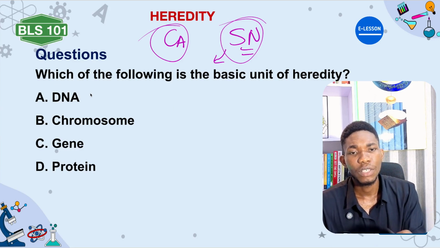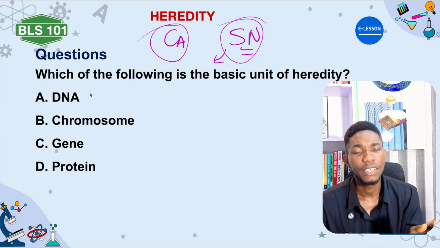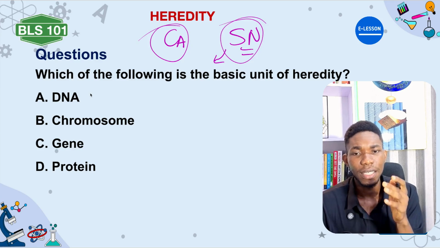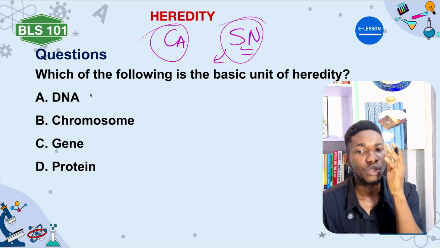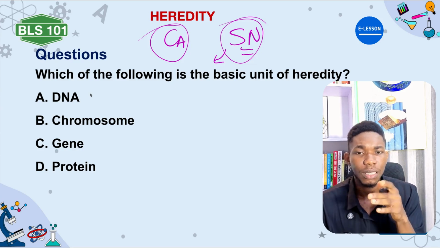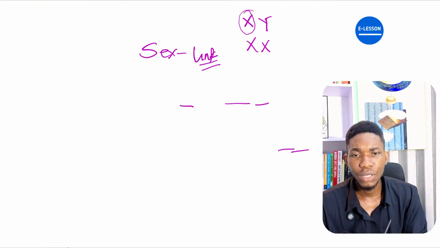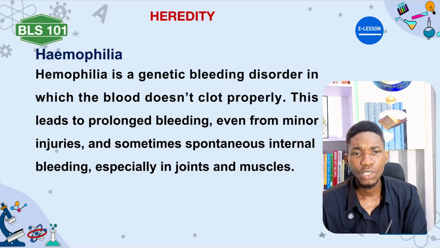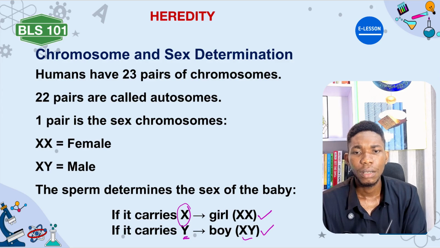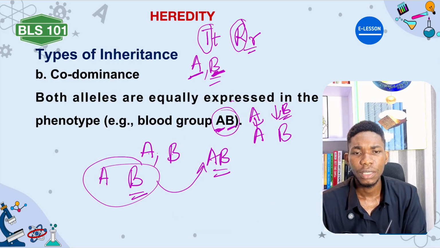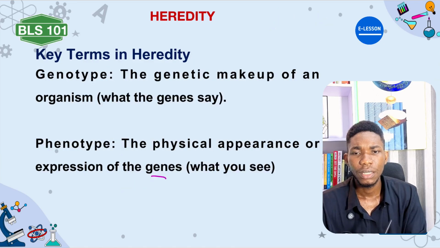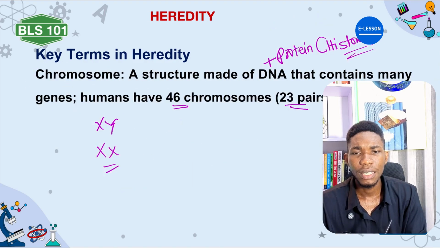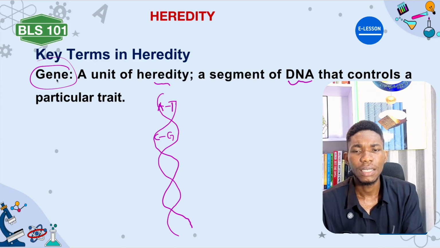Now, you have the first question. Which of the following is the basic unit of heredity? Is it DNA? Is it chromosome? Is it the gene or protein? I've told you. Let me answer this one for you. The basic unit of heredity, you will see it in the first page of the first lecture.